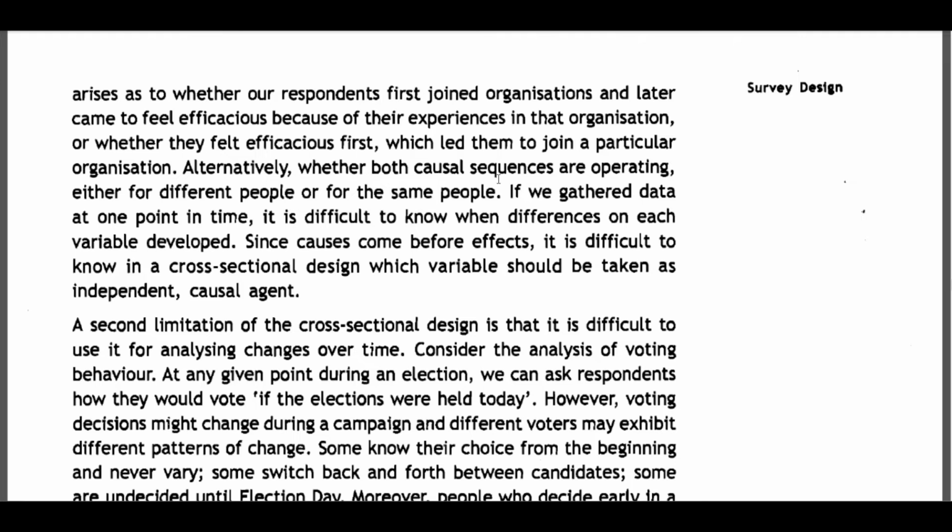Alternatively, whether both causal sequences are operating, either for different people or for the same people. If we gather data at one point in time, it is difficult to know when differences on each variable developed. Since causes come before effects, it is difficult to know in a cross-sectional design which variable should be taken as independent and causal agent.